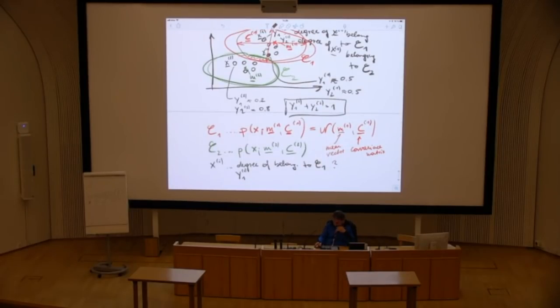Any suggestions? How could we define this degree of belonging, if we model the whole data set using two Gaussian distributions? Yes? The distance to the distribution. How would you define the distance to the distribution? Or the distance to the cluster mean?